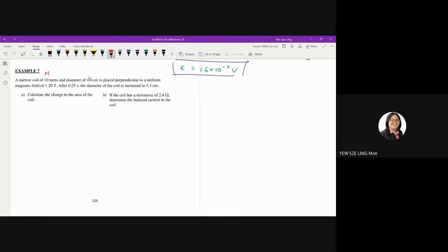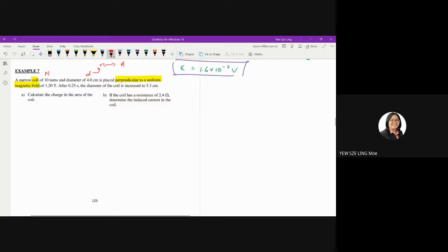This is your D. But remember, diameter is not what we want. If you want to calculate area, then what you need is the radius. So it is placed perpendicular. So again, your coil is perpendicular to the field.